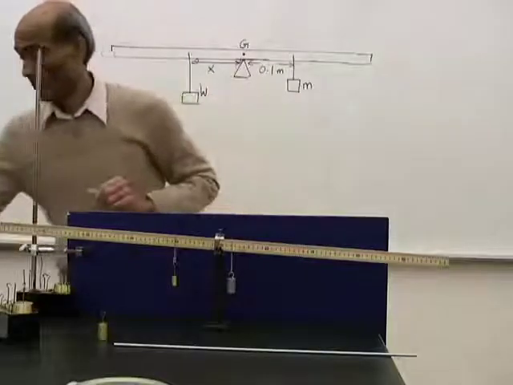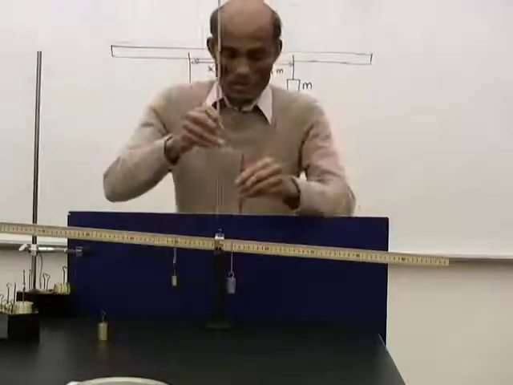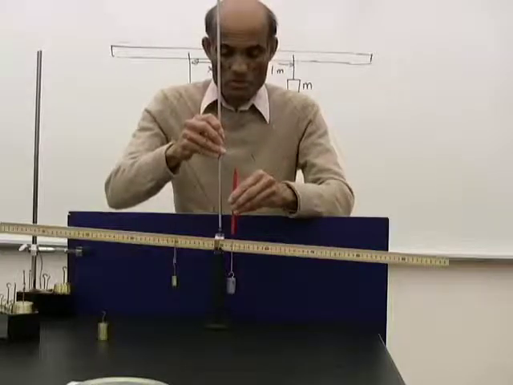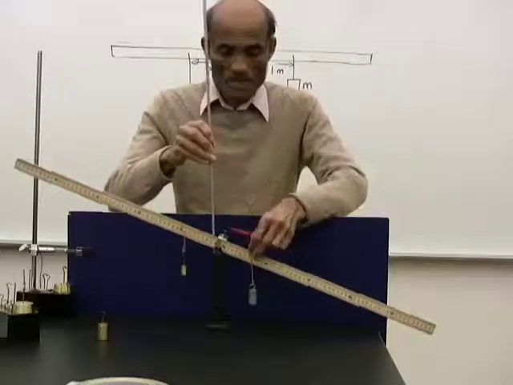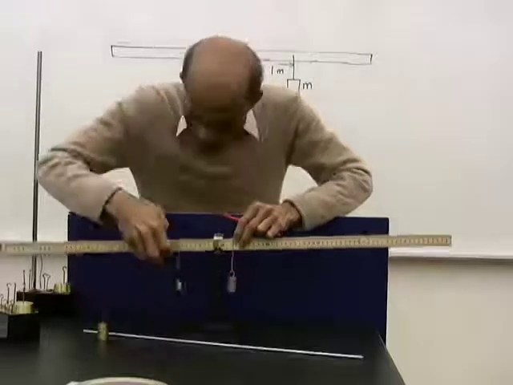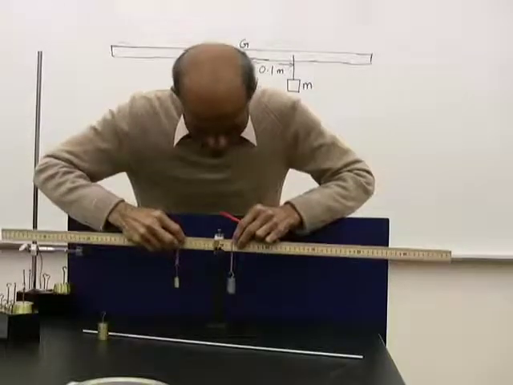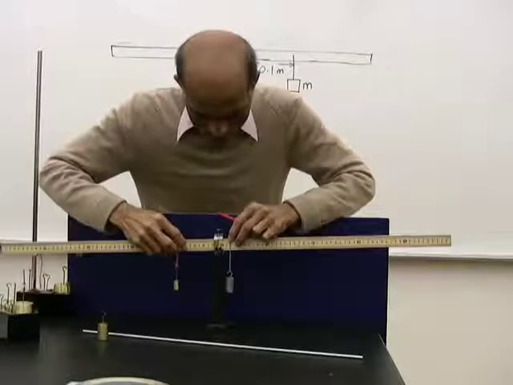And now measure this distance, the distance from G to the position of the unknown mass. Alright? Measure that distance. Well, I disturbed the system, so I need to reset that and get the balance again. I was not supposed to touch it.